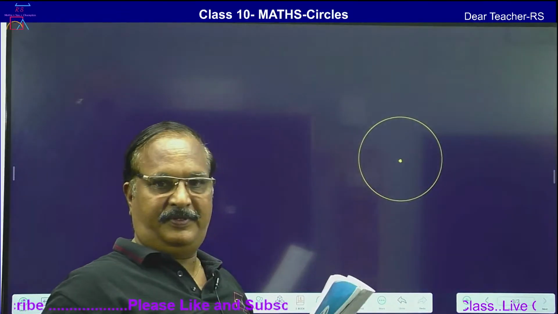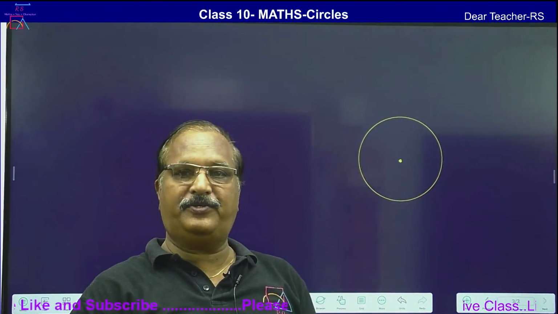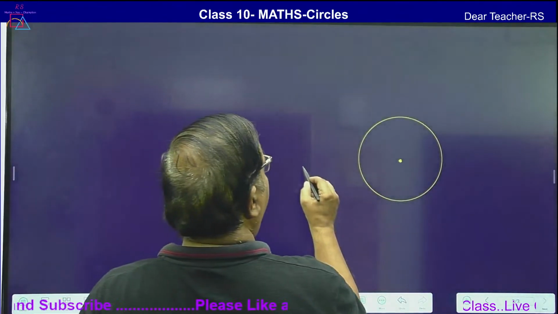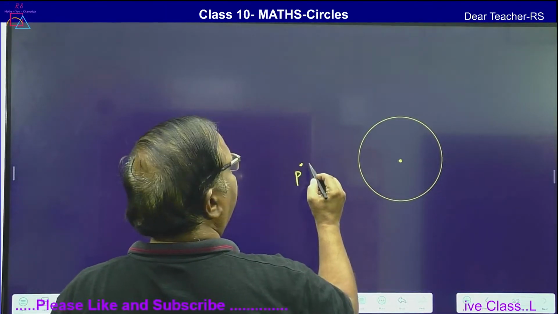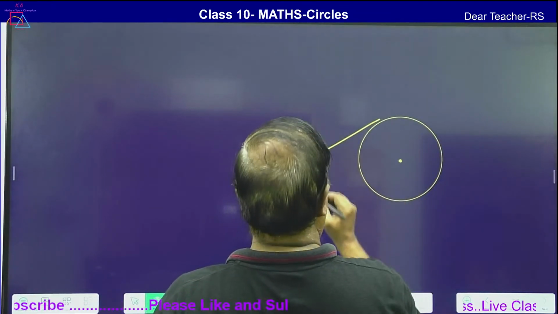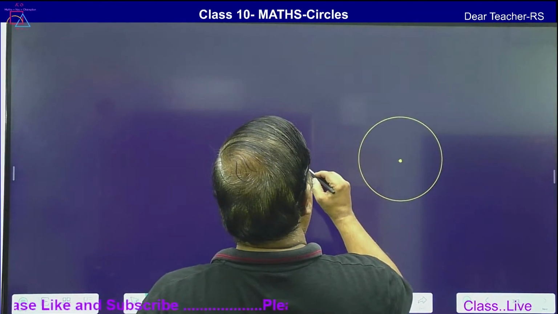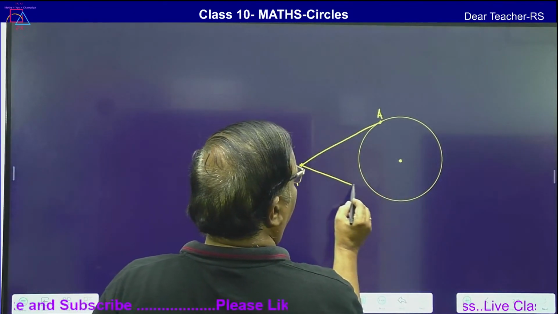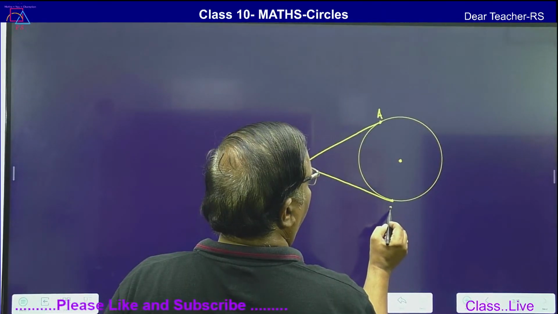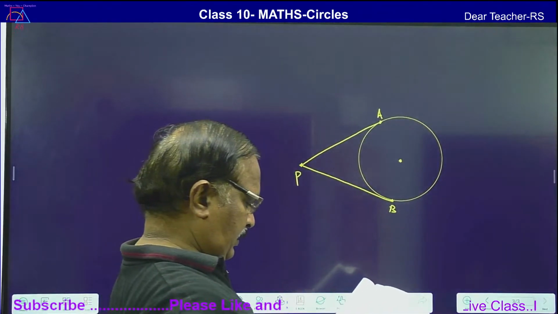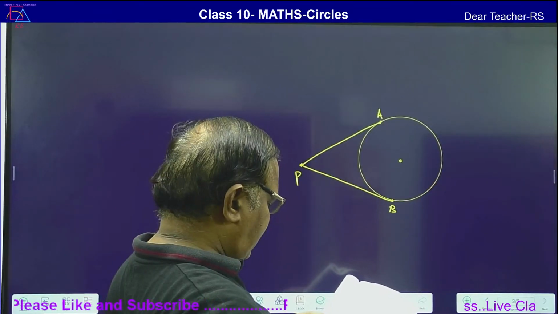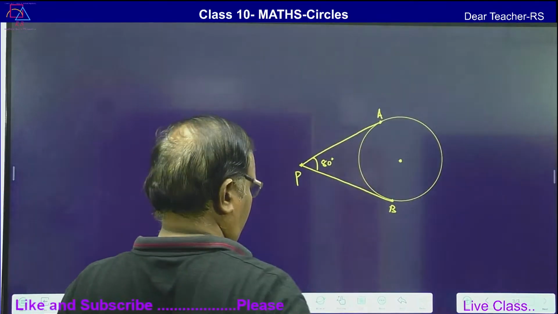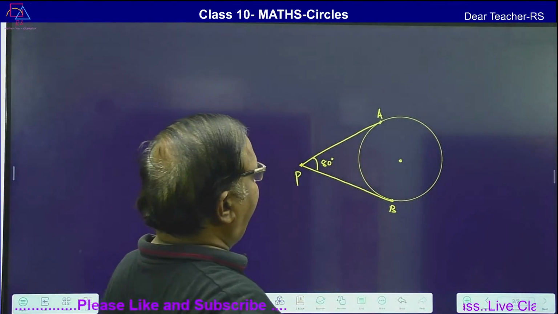For you, you have to have some arrangement to draw the circle. PA, PB. P is an exterior point. So this is PA, this is PB, inclined to each other at 80 degrees. And find angle POA.